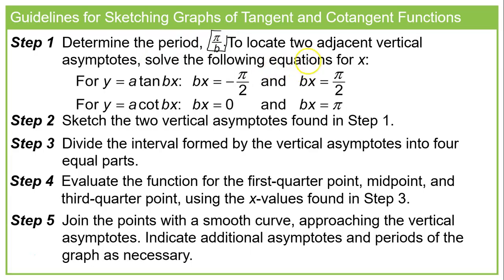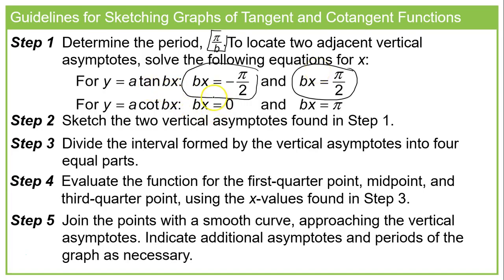And then it says to locate 2 adjacent vertical asymptotes, solve the following equations for x. So we're going to be using this right here and this right here and solving for x. And that right there is going to get us our 2 vertical asymptotes for one full period.